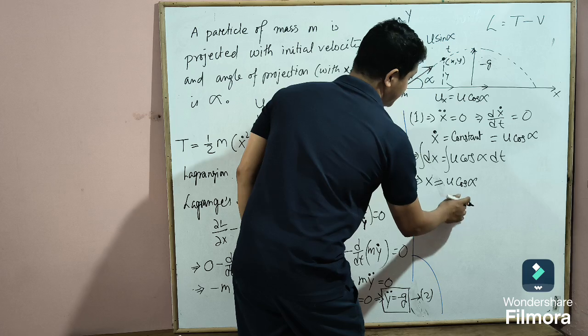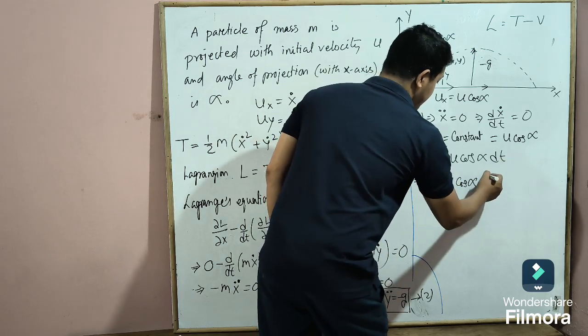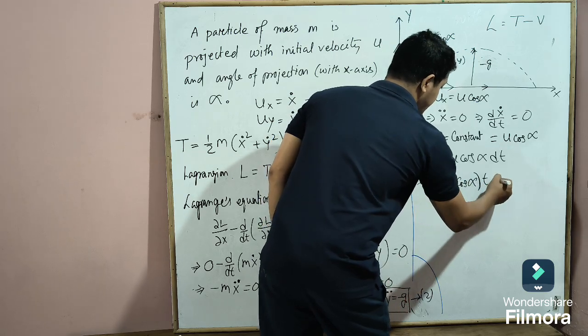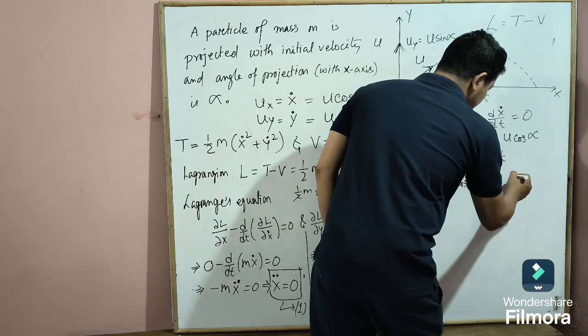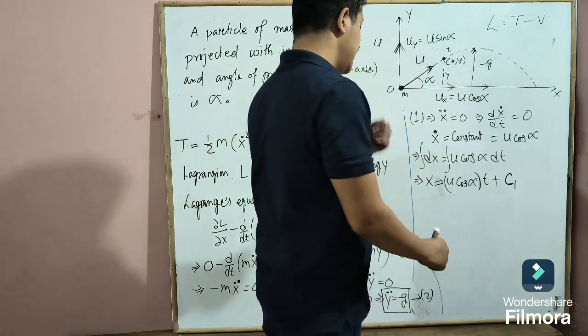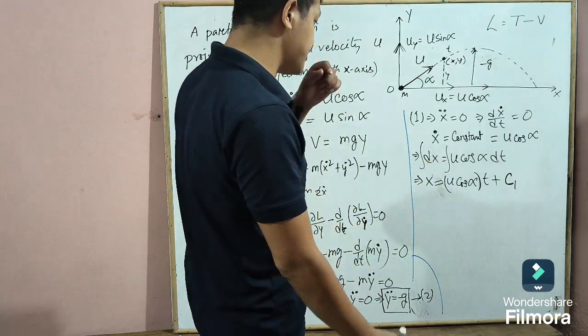This is not a function of t, we are integrating with respect to t. If you integrate dt, that's going to be equal to t, and we're going to end up with a constant, let me take this as c1, that is the integrating constant. So what will be the value of this integrating constant?